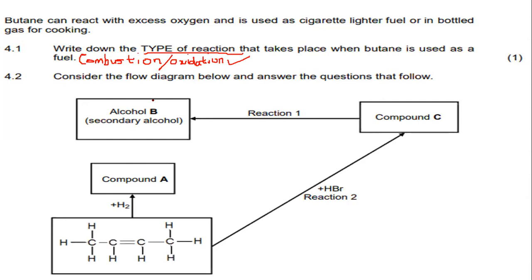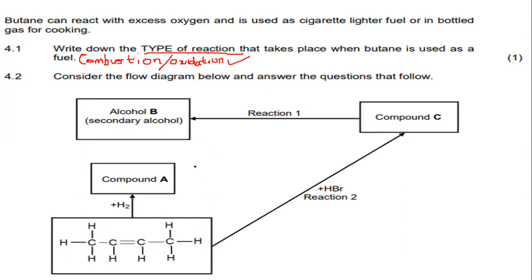Then we are given more information. They say to us, consider the flow diagram below and answer the questions that follow. Now, this flow diagram here is based on organic reactions.